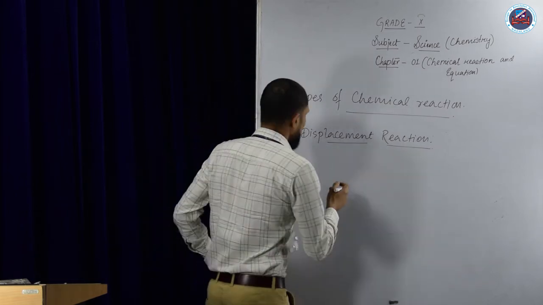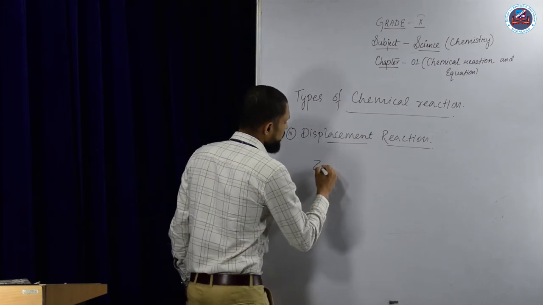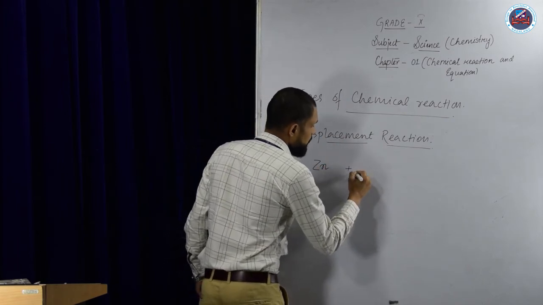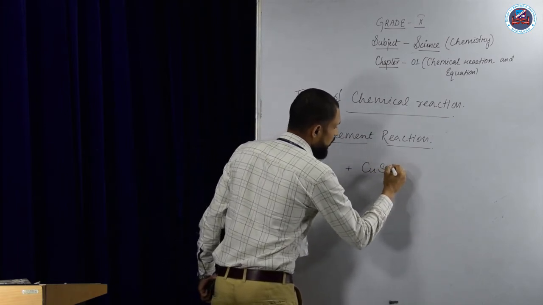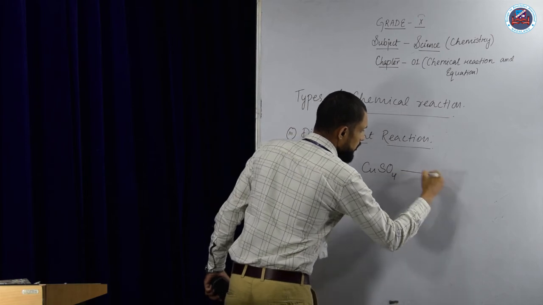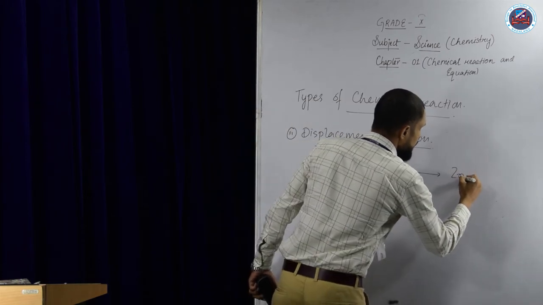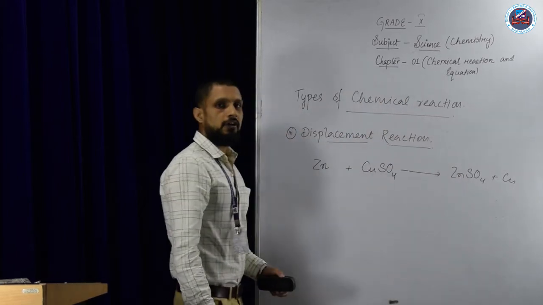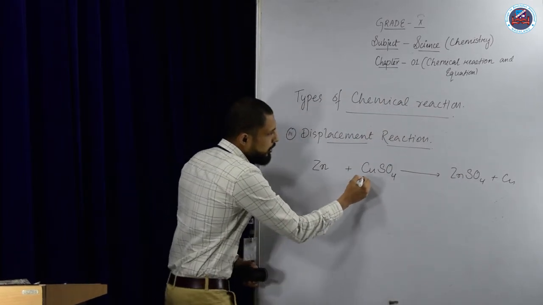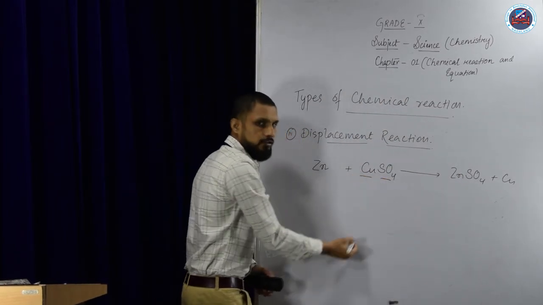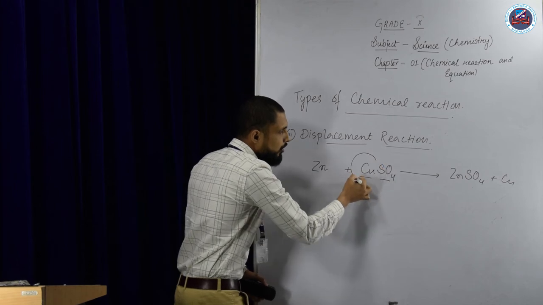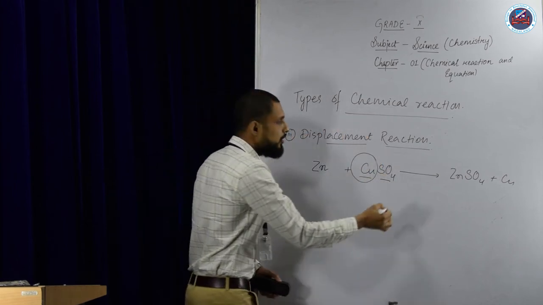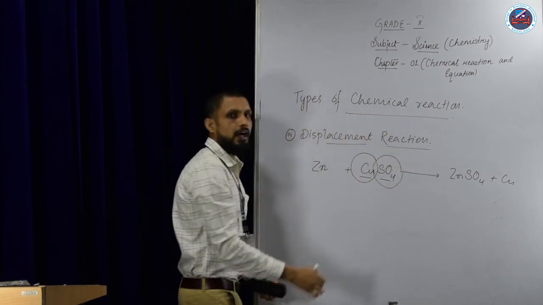Let us take an example. Zinc plus copper sulfate will give zinc sulfate plus copper. Now you can see here copper sulfate. Copper is the cationic part, sulfate is the anionic part.